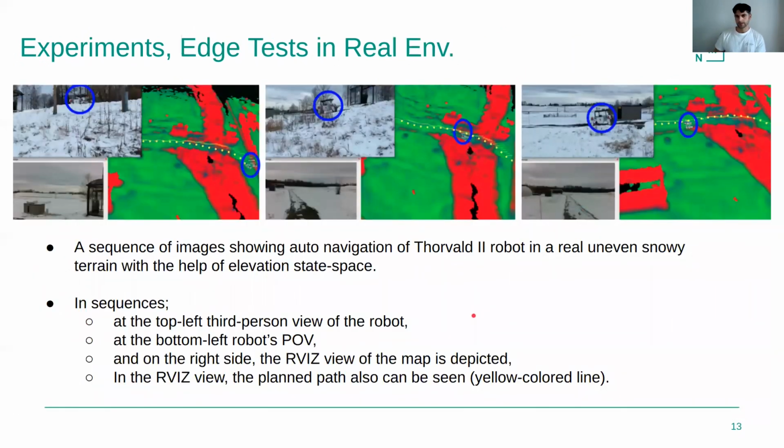There is a sequence of experiments where we use a Torvald robot to bring the robot from this hill down. The robot starts here, then follows the planned path, and finally gets to the easier part of the navigation.